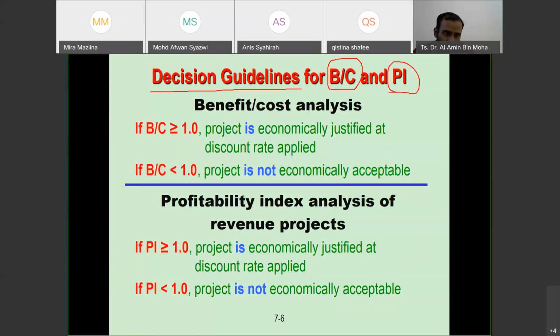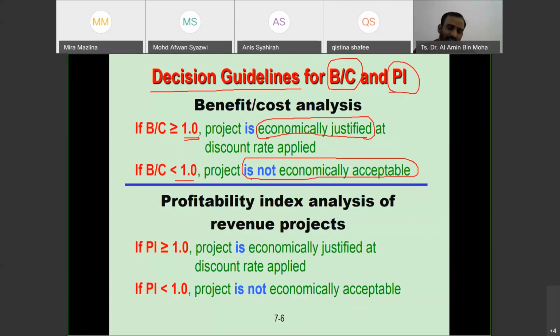If BC is larger or equal to 1, the project is economically justified at the discount rate applied, at the interest rate given. That means when it's economically justified, usually we are going to accept, or choose, that project. If it is less than 1, the project is not economically acceptable.